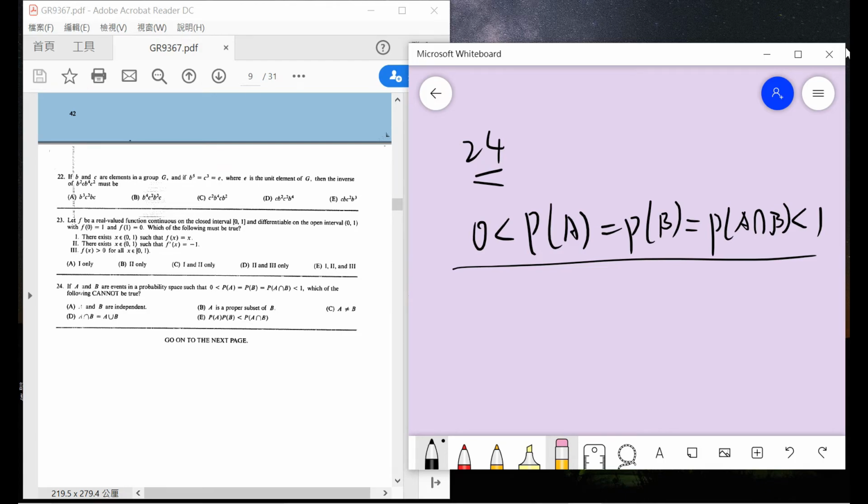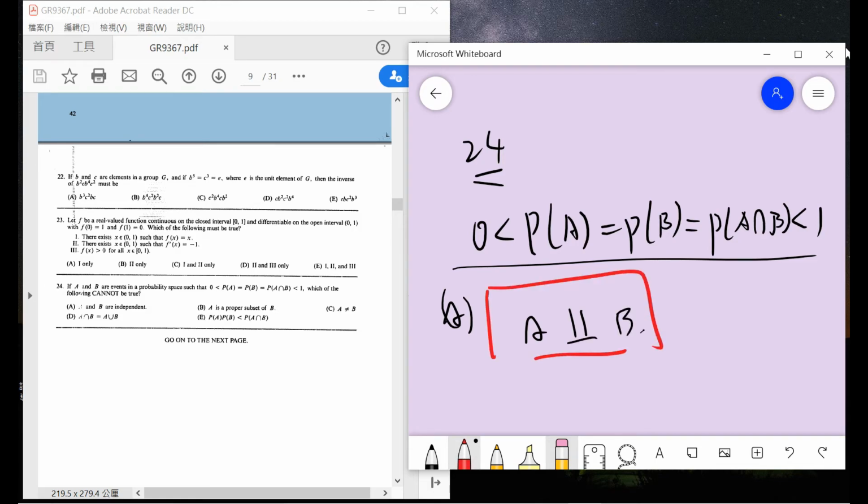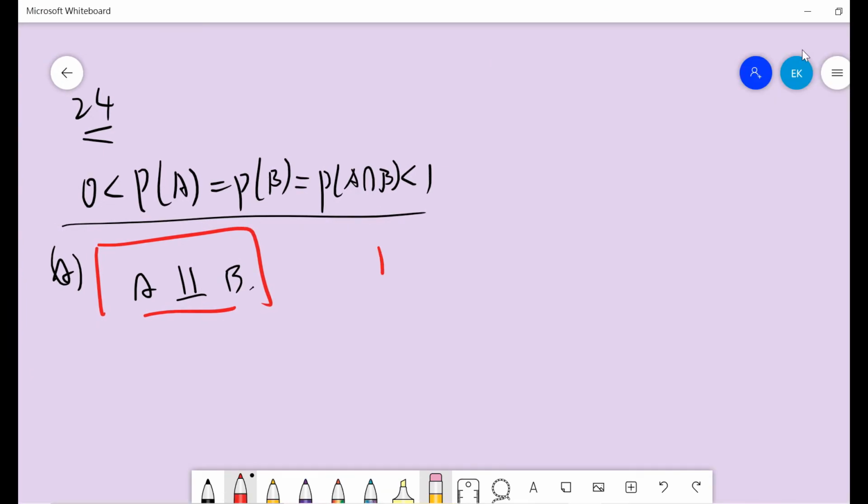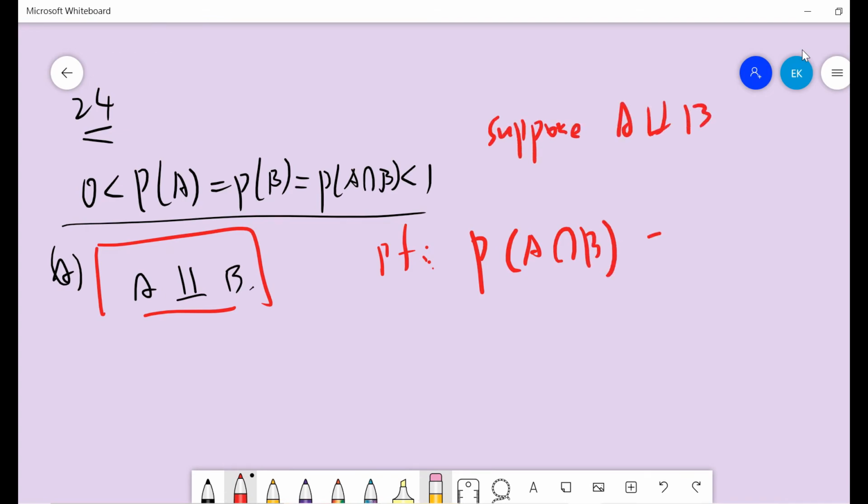Okay, so the question says which one cannot be true? The first one says A and B are independent. This cannot be true. The proof is that suppose A is independent of B, then P(A intersection B) is P(A) squared.